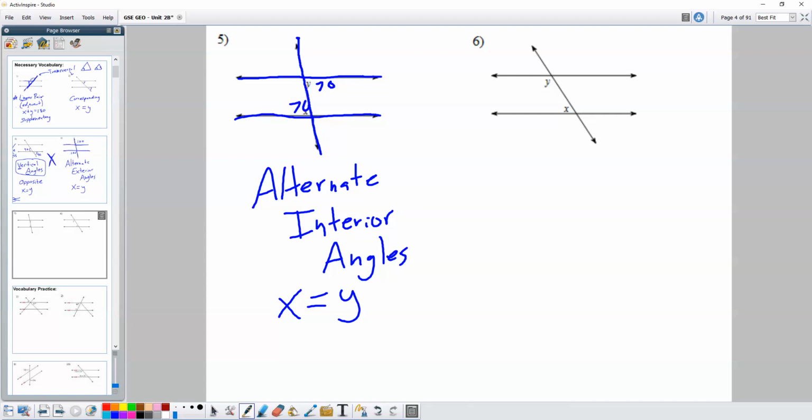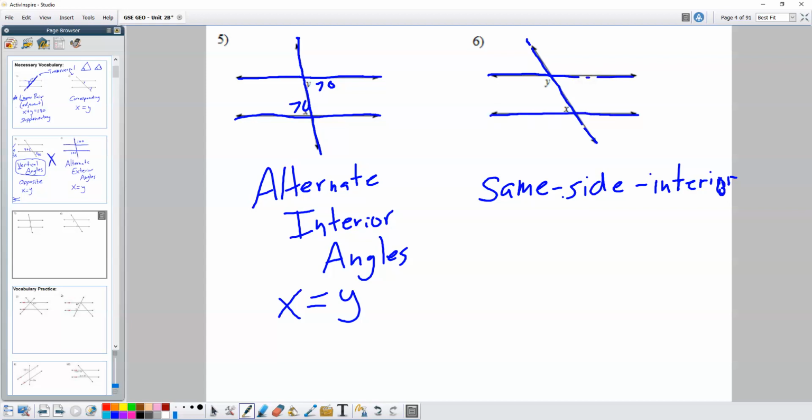Number 6, these are called same side interior angles. Sometimes they're called consecutive, but same side interior seems to be the newest, coolest way to call them. Same side meaning same side as the transversal, and then interior meaning on the inside of the parallel lines.